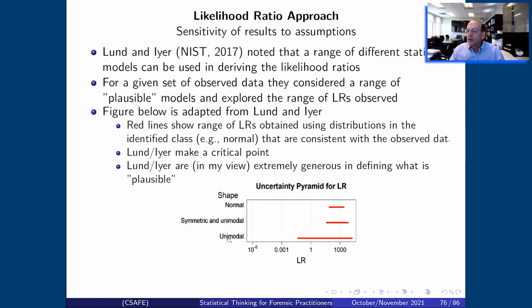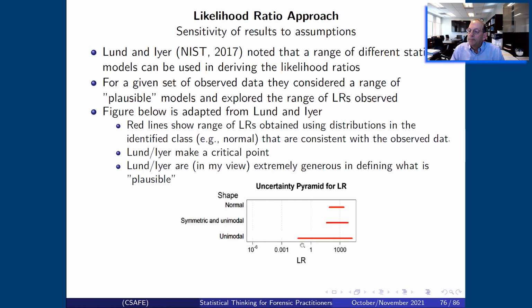But then look at the third line, where they said, let's be as flexible as we can imagine being, and let's just assume we know there's a peak in the distribution, but we're not going to say anything else. So it can be a really strange distribution as long as it has a peak somewhere. And they found the likelihood ratio goes all over the place.